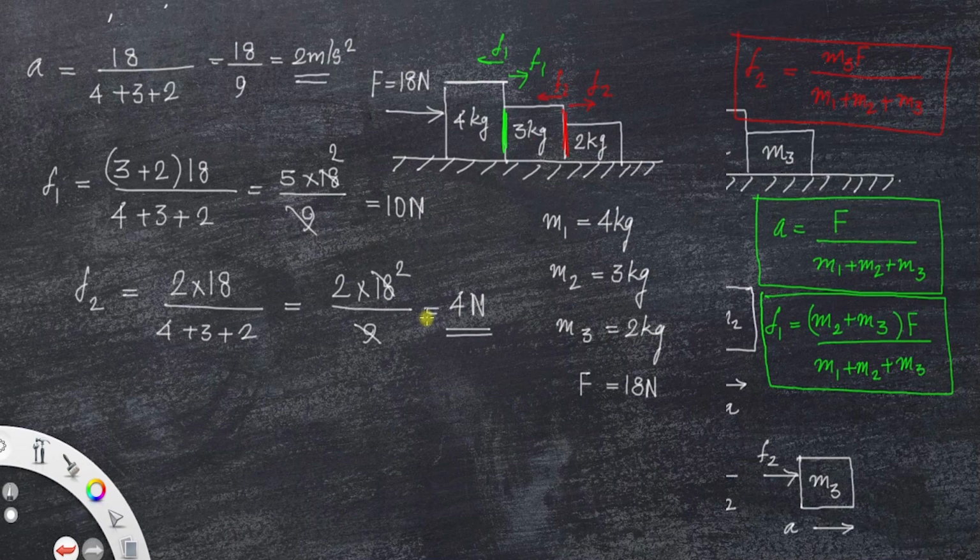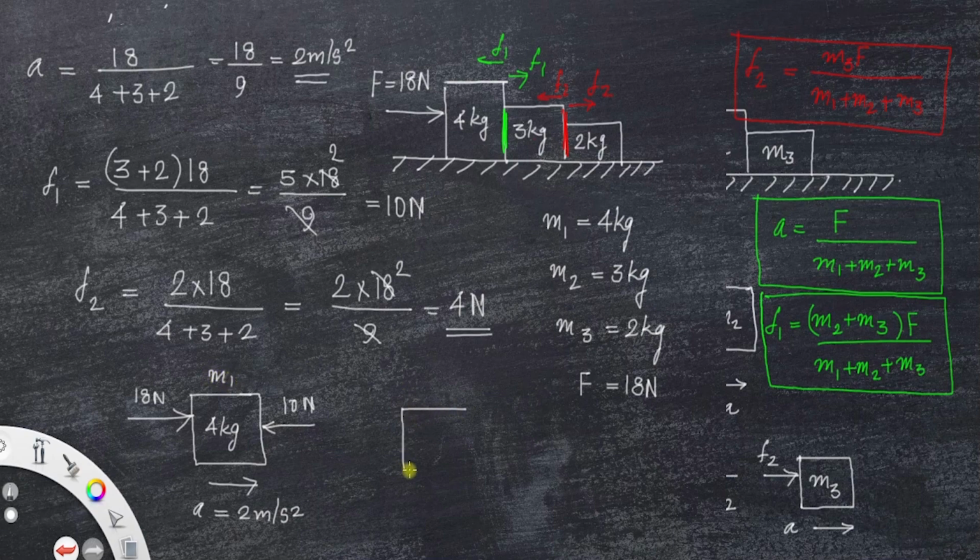Clear? Now you can draw the free body diagram for the 4 kilogram mass. Here it will be 18 Newton towards the right. Towards the left, that is the reaction of m2, which we already found out, it is F1, that is 10 Newton, and the acceleration A is equal to 2 meter per second square, and this is m1.